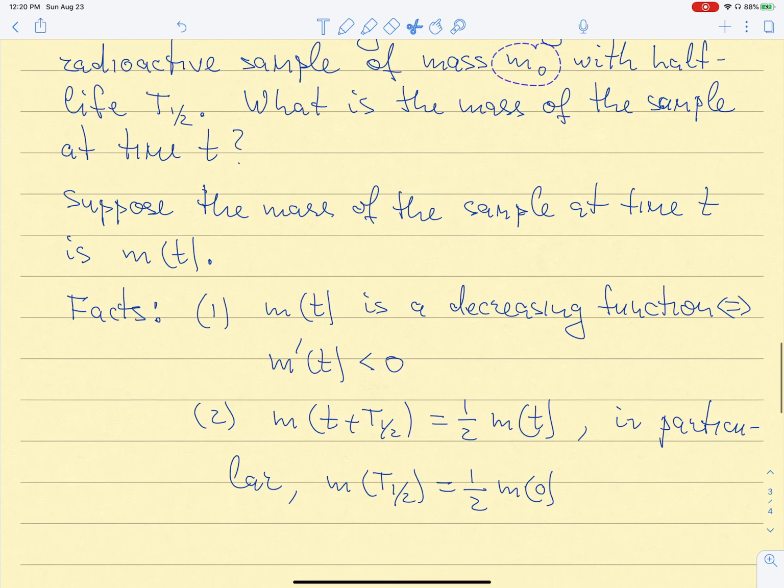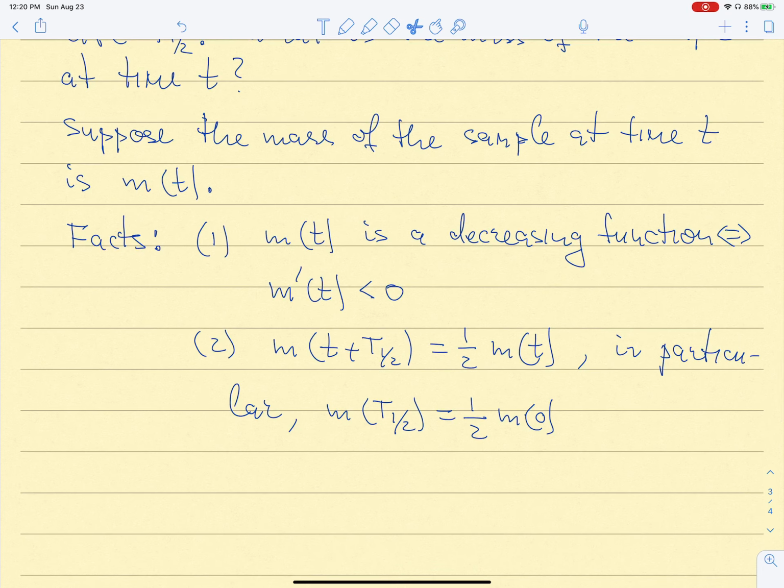Sample of a mass m0. So this is the same thing as 1/2 m0. All right, what else can we say here? So derivative is negative.